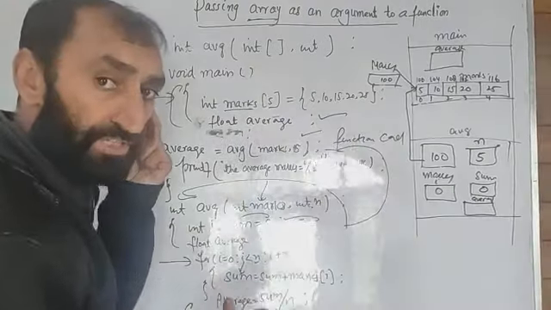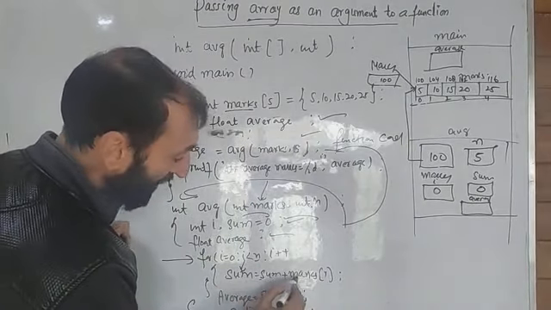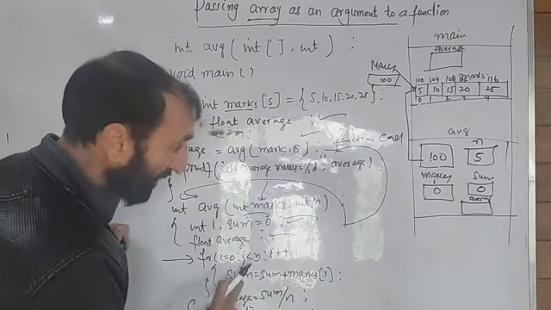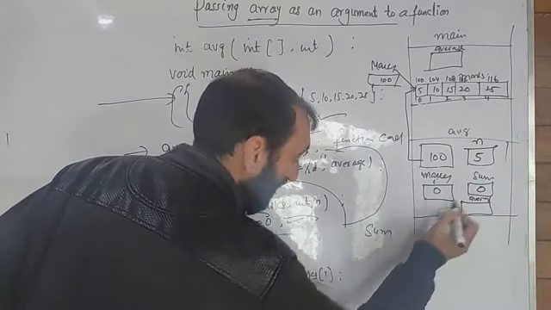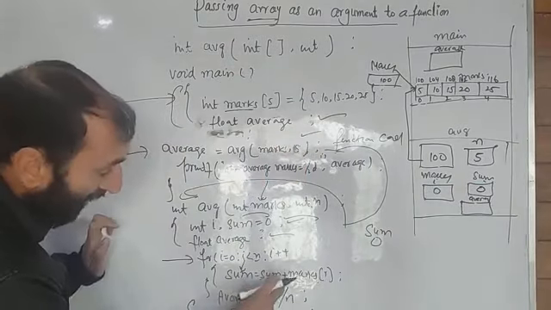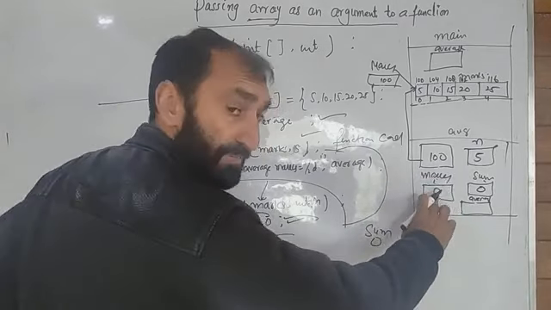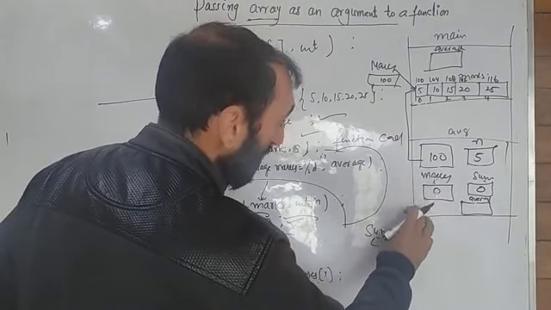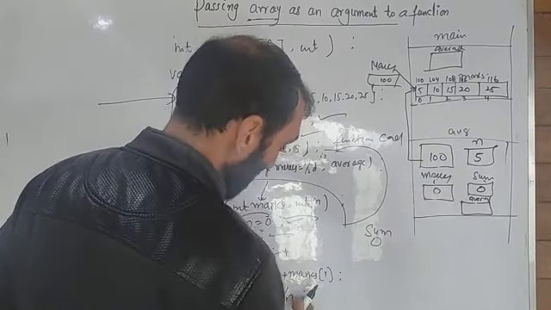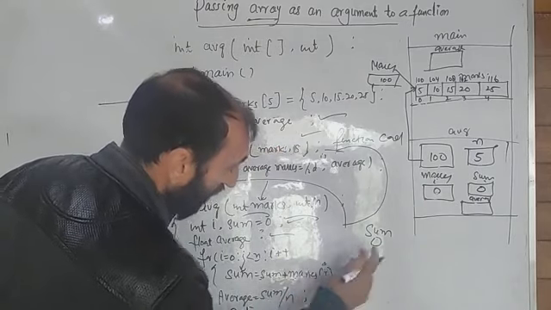We have already discussed the working of the for loop in the previous video. Sum equal to sum plus marks of i. Take care. What is in sum? 0. Sum equal to sum plus marks of i. What is i? 0.